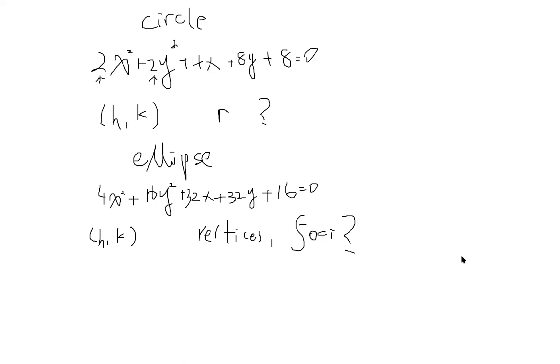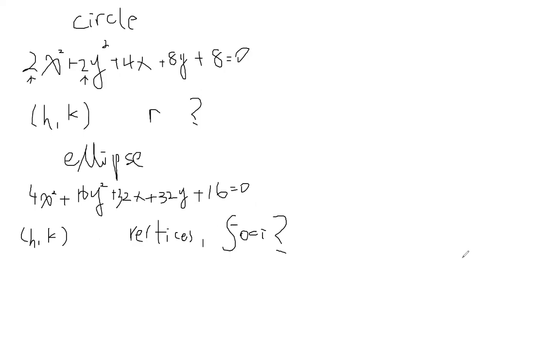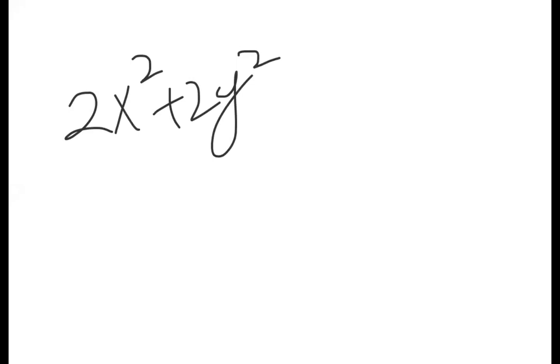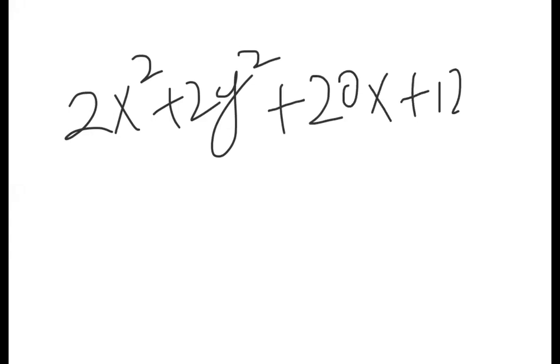All right, let's go over this. So you have 2x squared plus 2y squared. Oh, wait, what was the question again?